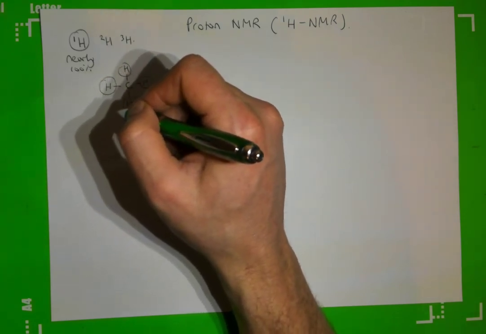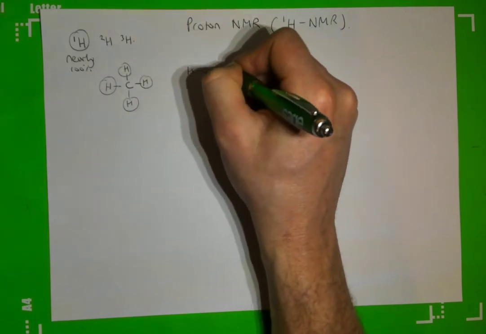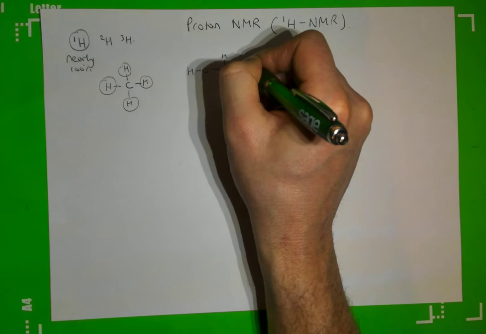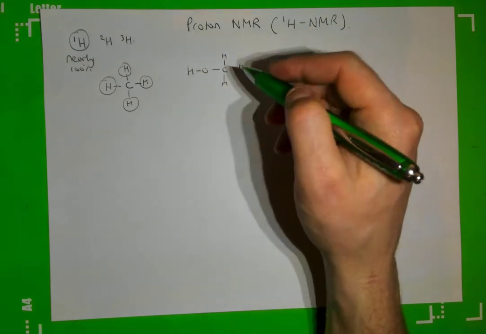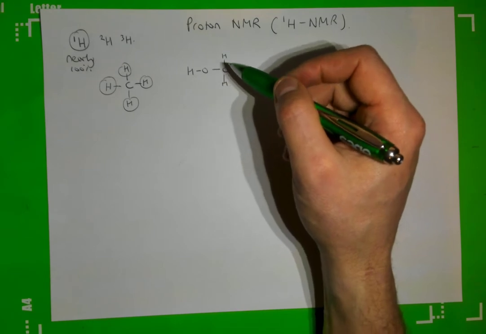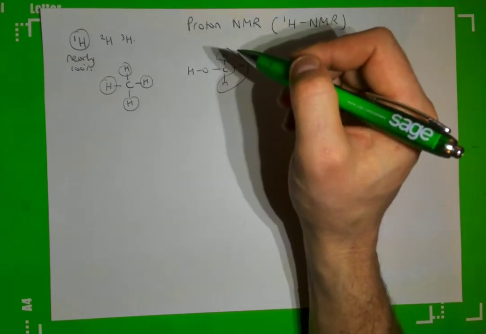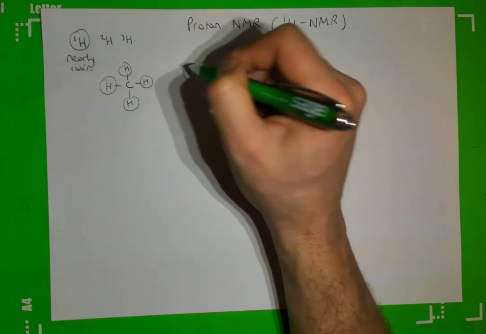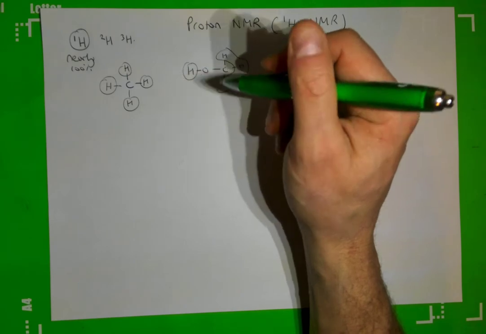But in a molecule like methanol, which is like this, there are hydrogen atoms in two different environments. There's the 3 on the carbon atom, that's one environment, and the 1 on the oxygen atom, that's the second environment. And the carbon-13 spectra will show the two environments.